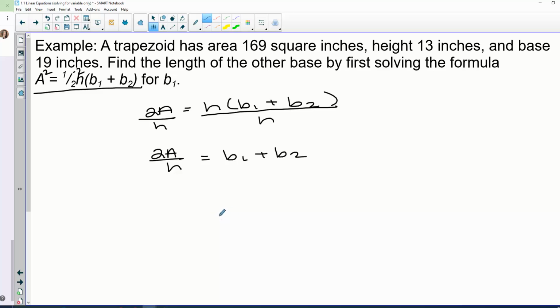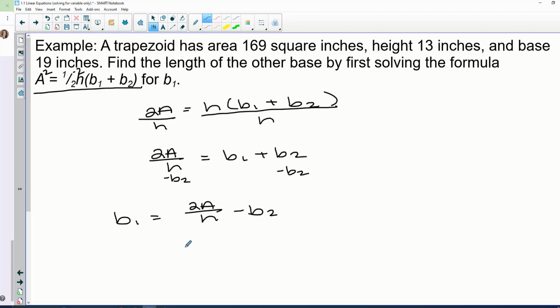And then base 1 is equal to 2a divided by h minus b sub 2. Could you have up here distributed the h first and then solved it? Yeah, so there's different options that are equivalent. We just found one form.